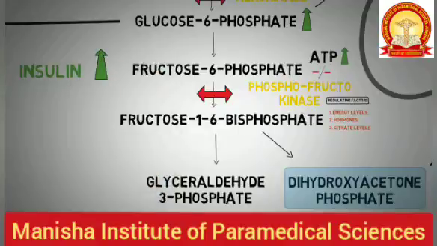Now, insulin is released when we have plenty of glucose in our blood. This glucose needs to be converted into pyruvate fast for energy production and generation of other intermediates. So insulin increases the rate of glycolysis, so excess glucose in the blood can be metabolized, and it does so by increasing the activity of the enzyme phosphofructokinase.